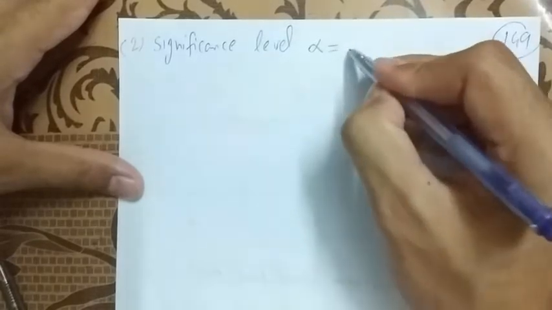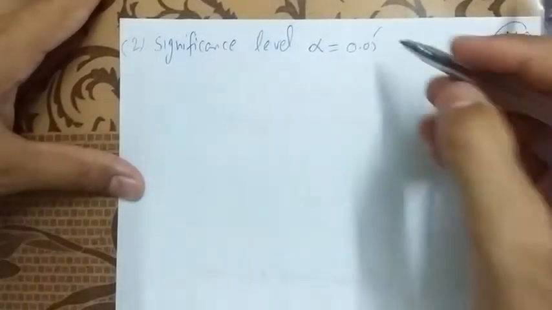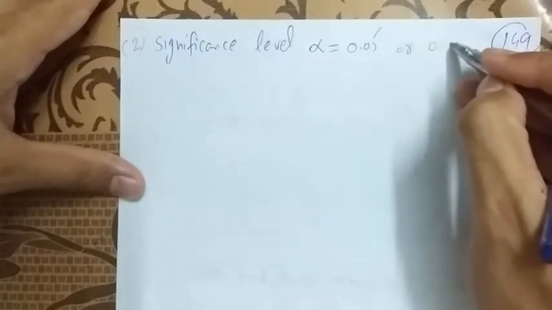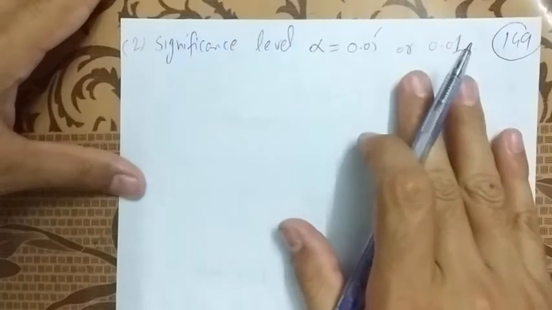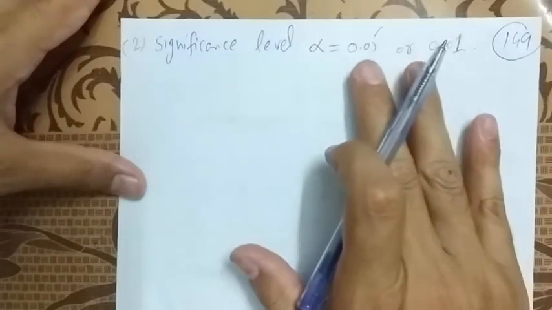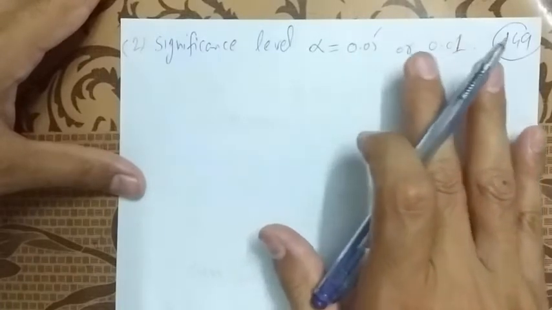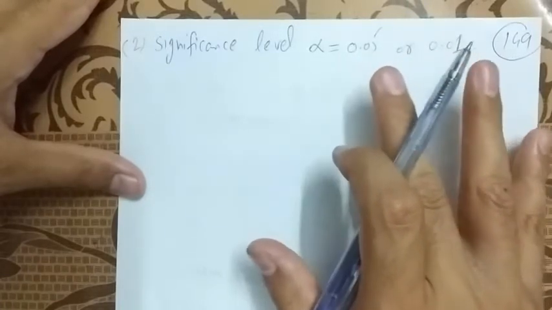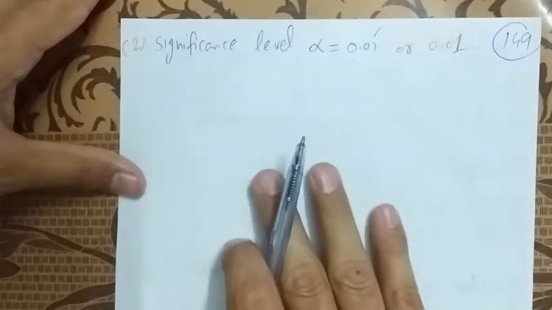Normally we take 0.05 in a problem, or maybe in some problems 0.01. It depends on the condition. If 0.05 is given in a problem, then you use this. Otherwise there are two options: either you use this or 0.01.